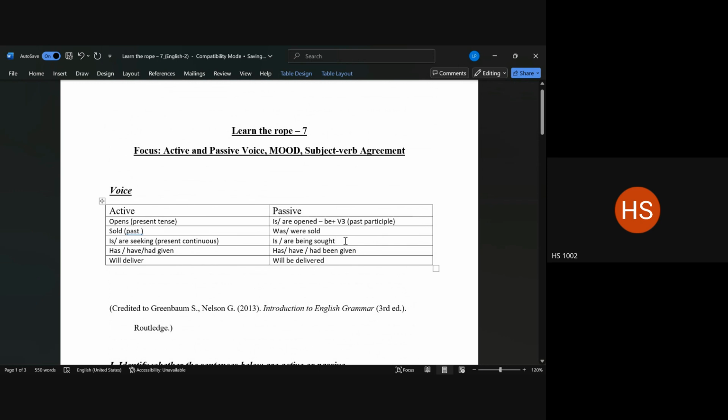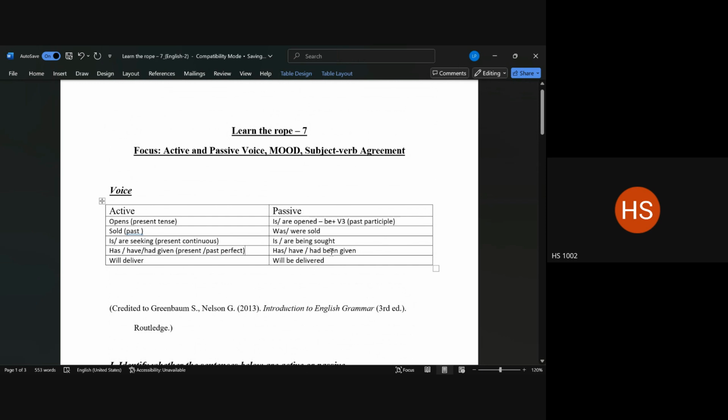It is the V3 form of seek. So is are being, right? Then here you have the has, had, have, given, right? Which is what form? This is the present or past perfect form, right? Present and past perfect form you have. And that changes to what?